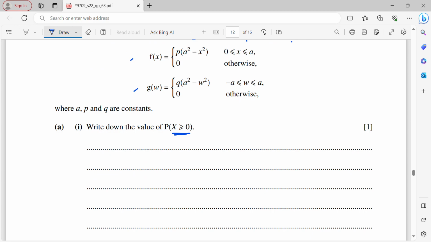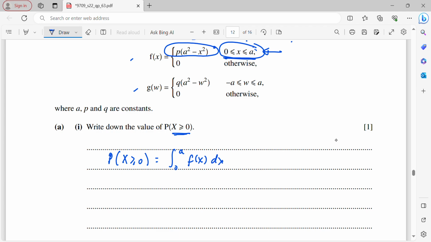So we know that from the fx, when the x is greater equals to 0 and less equals to a, this is the probability. So when it is greater equals to 0 means that you integrate. Probability is basically integration. So probability x greater equals to 0 means you integrate 0 to a fx dx.